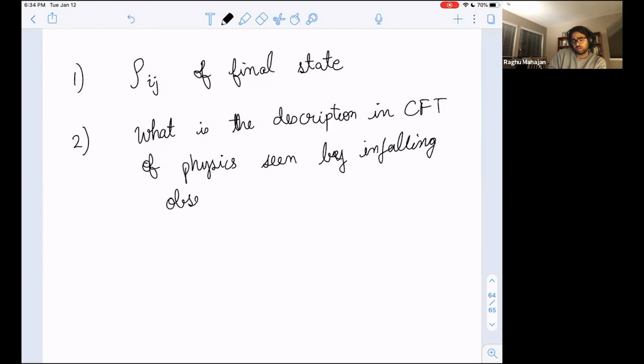Here, again, I want to emphasize that the Page curve and this quantum extremal surface has solved one very specific problem, which is the entropy question. We don't know, if an observer goes behind the horizon, how does he describe the physics? And then naturally the question is, what happens to the singularity?